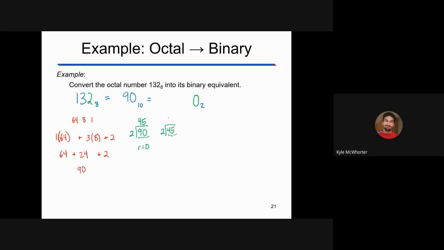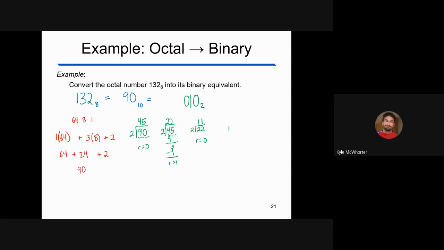So 2 goes into 4 twice, 2 times 2 is 4, then 5, 2 times 2 is 4, so we get a remainder of 1. So our second digit is a 1. Then we do the 22. 2 goes into 22 11 times, and the remainder is 0. So our next digit is a 0.